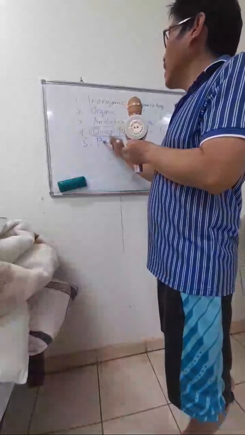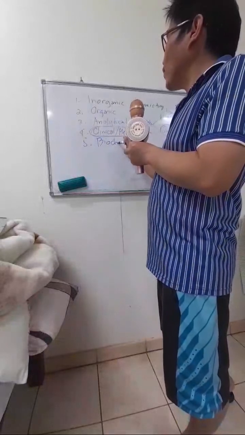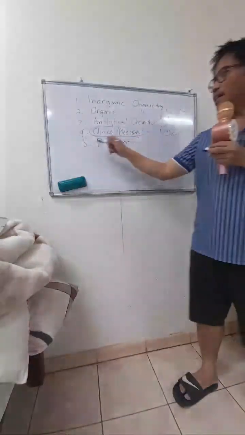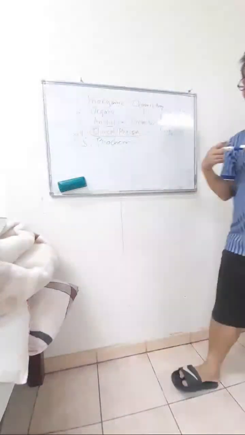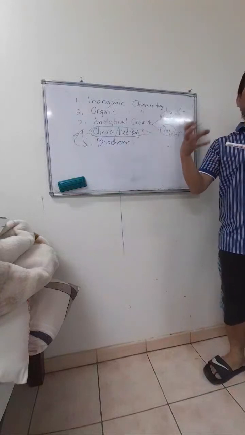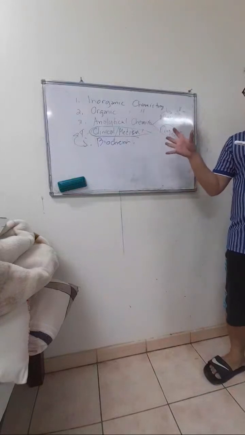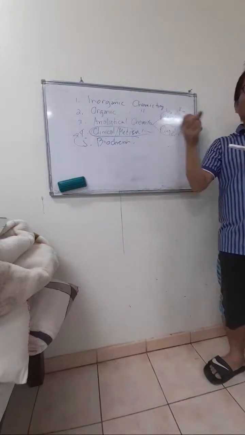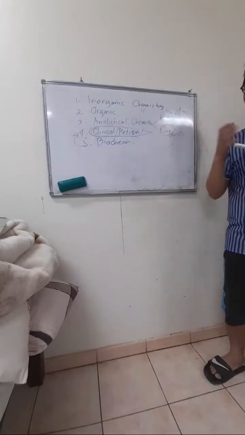Number 5, we have biochemistry. If you cannot understand biochemistry very well, you will struggle in clinical and medical chemistry, because clinical and medical chemistry has an application with the technology, but you need very comprehensive knowledge in biochemistry, the theoretical aspects.